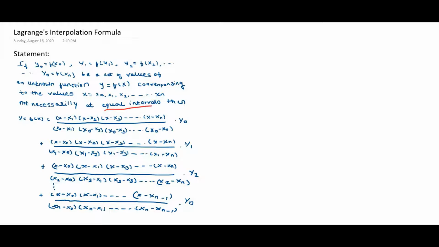So this is very important. In case of NFIF and NBIF, we are using equal intervals. So in case of Lagrange's interpolation formula, the values of x need not be in equal intervals.